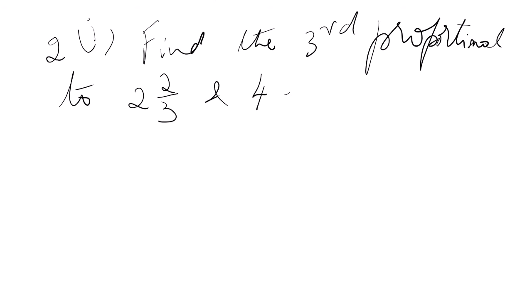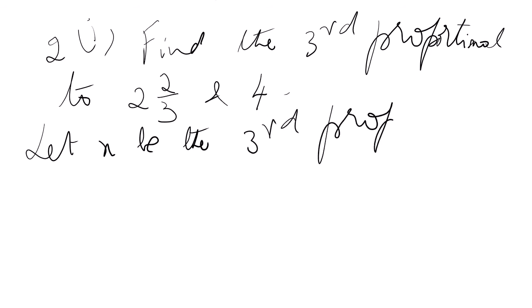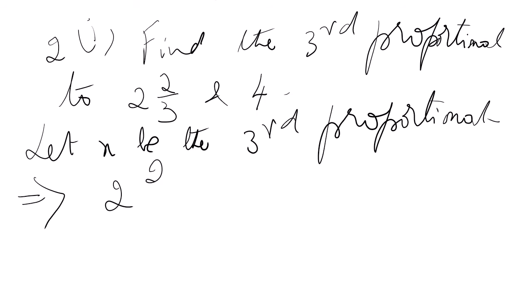Okay, so how will you write? Let x be the third proportional. So then it implies 2 upon 3 is to 4 is equal to 4 is to x.